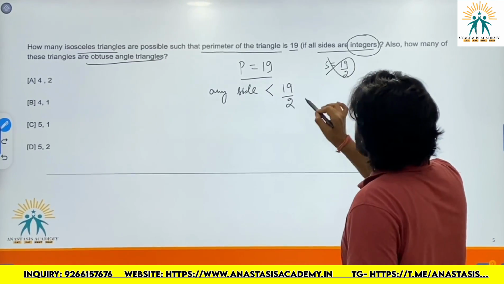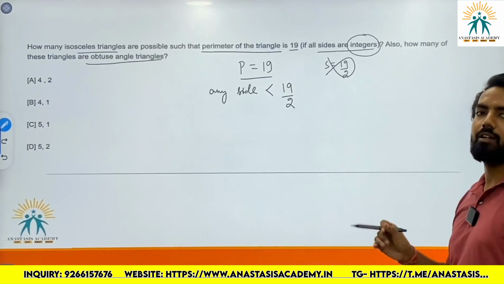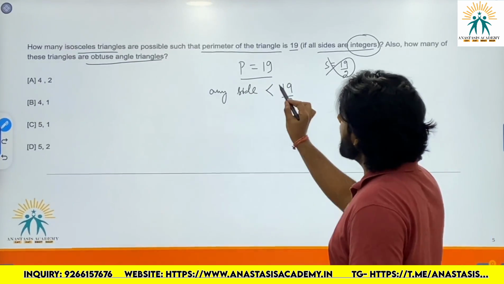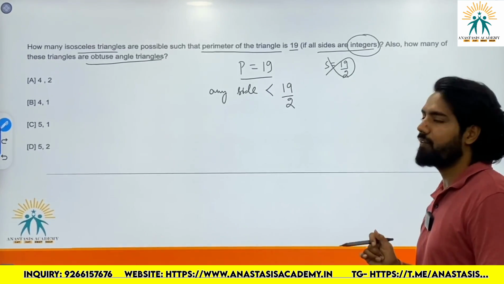So any side of this triangle cannot be equal to half of the perimeter. So any side has to be less than half of the perimeter.